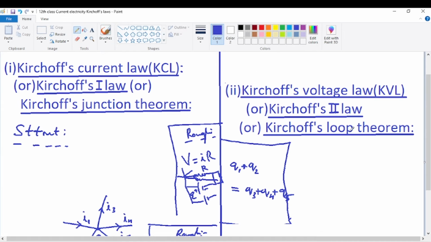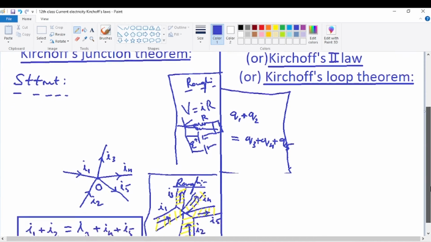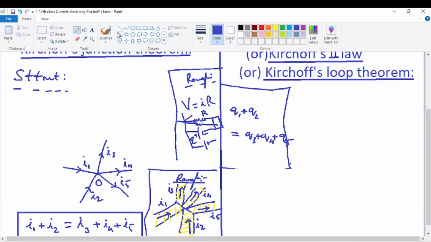Now what does the voltage law state? The voltage law is mainly applicable for a closed circuit or closed loop belonging to any complicated network of electrical components like resistors, cells or batteries. A number of components are connected to form many loops. Observe the same diagram again.